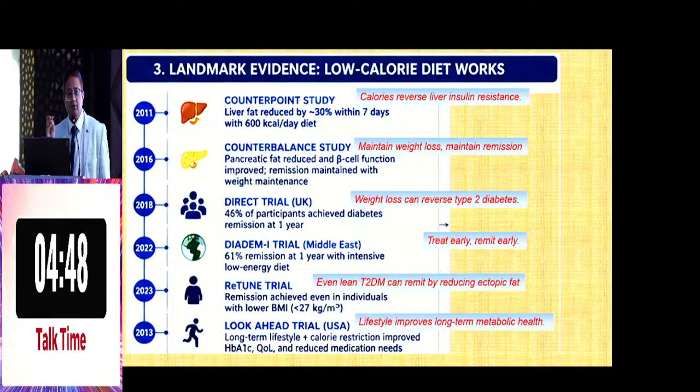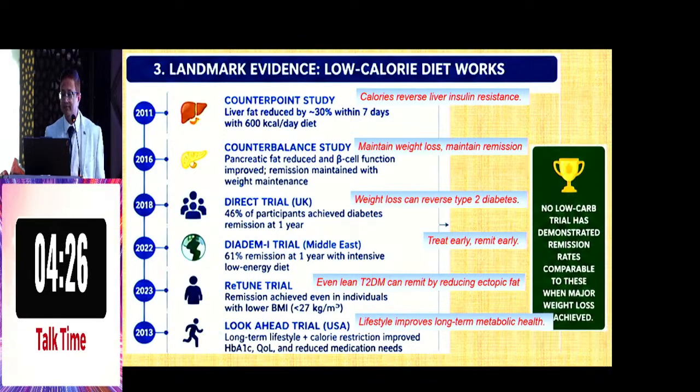Obesity is different. Ectopic fat includes fatty liver. If we reduce the fatty liver, we increase insulin sensitivity. And in the trial in the USA, lifestyle improves long-term metabolic health. So the low-calorie diet is a part of the lifestyle improvement.